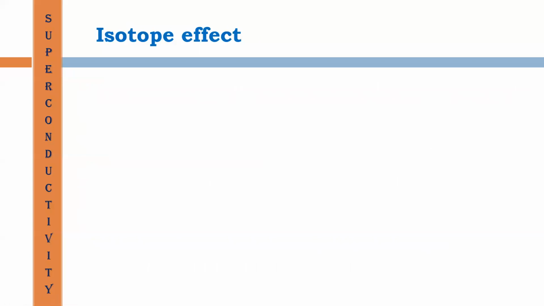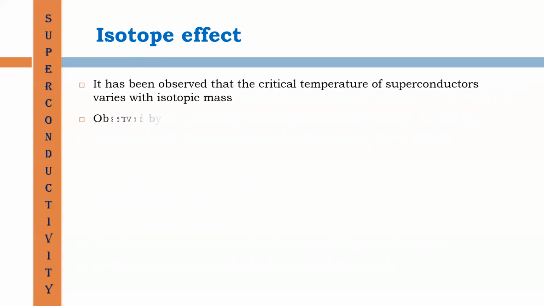Next is the isotope effect. This isotope effect deals with superconductivity. In spectroscopy also we have discussed the isotope effect, the isotopic substitution effect. Here it is observed that the critical temperature of superconductors varies with isotopic masses.